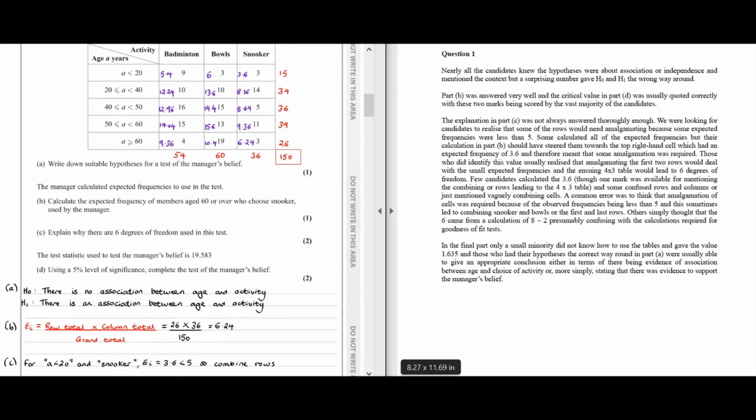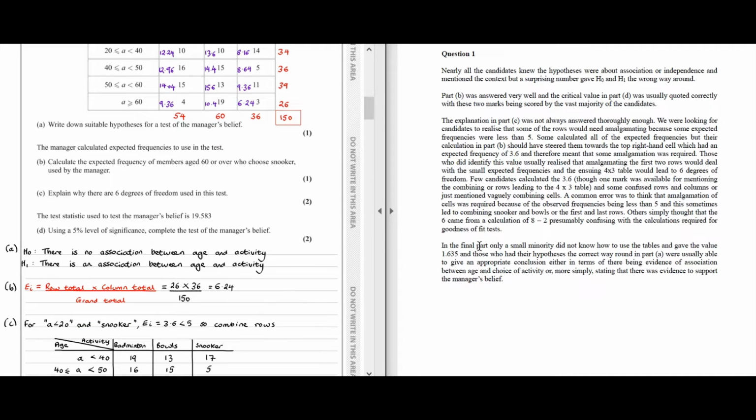A common error was to think the joining of cells was required because the observed frequencies being less than 5, and this sometimes led to combining snooker and balls, or the first and last rows. So essentially just had to combine them two, and others simply thought that the 6 came from the calculation of 8 minus 2. I don't know where that 8 came from, presumably confusing with the calculations required for a goodness of fit test.